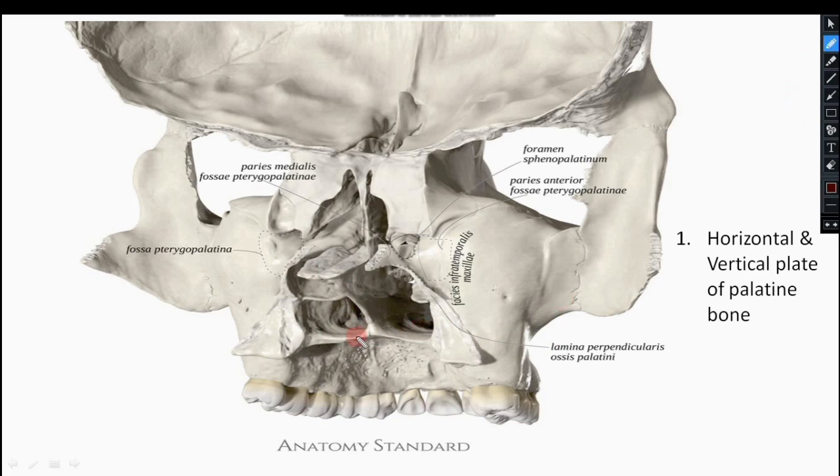This is the horizontal plate of the palatine bone, and this one is the vertical plate of the palatine bone. Now you have seen all the bony landmarks.